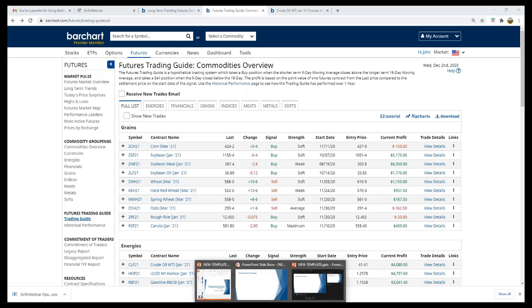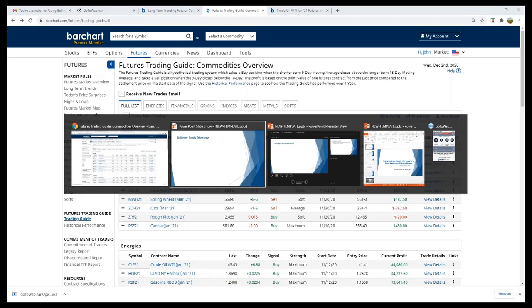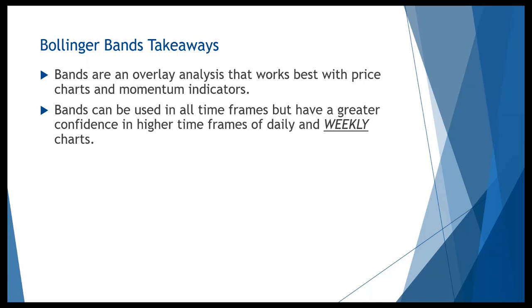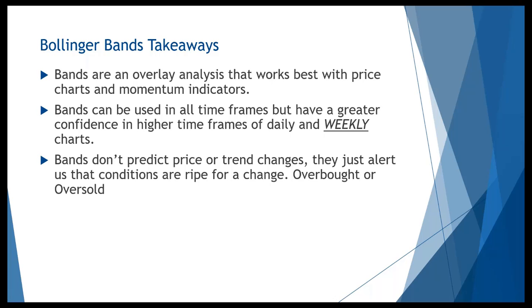So let's see if we can tie this up in a little bow for you guys. All right, so what are the takeaways? Bollinger Bands are an overlay analysis that work best with price charts and momentum indicators. Bands can be used in all time frames, but have a greater confidence in higher time frames of dailies and weeklies. I can't stress that enough. Bands don't predict price changes or trend changes, all right?